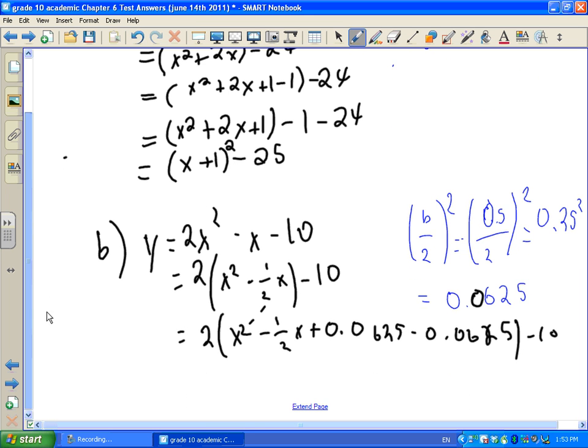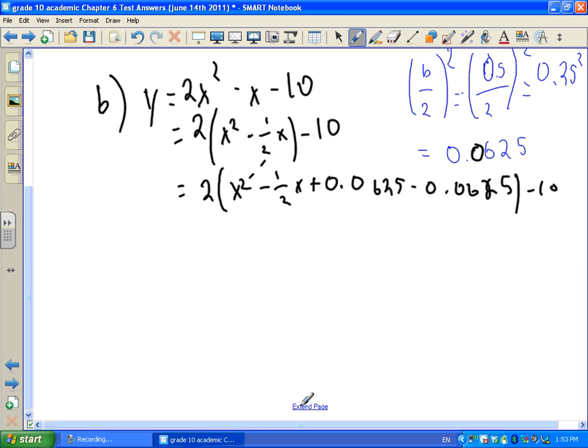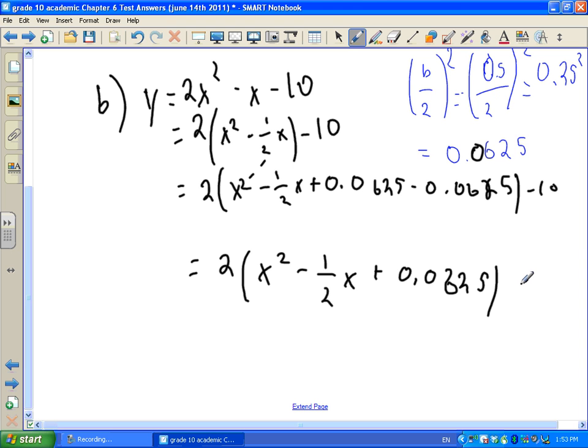Now I need to move the negative 0.0625 to the outside of the equation, but in order to do that, I have to multiply by the number on the outside of the brackets, which is 2. So I need to multiply 0.0625 by 2.